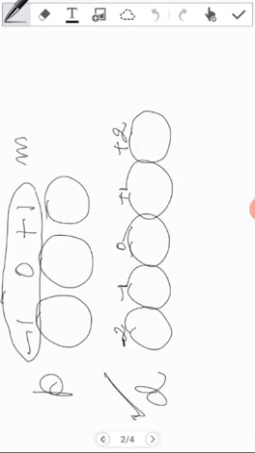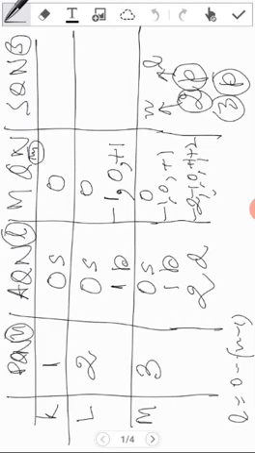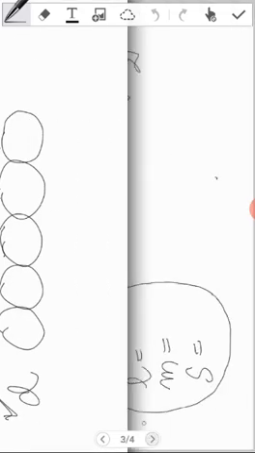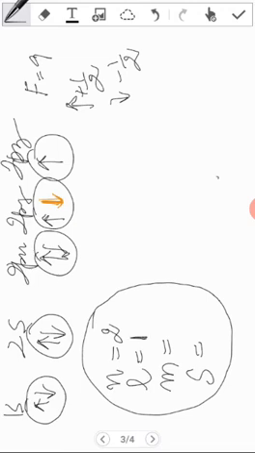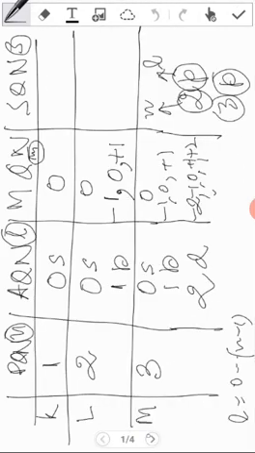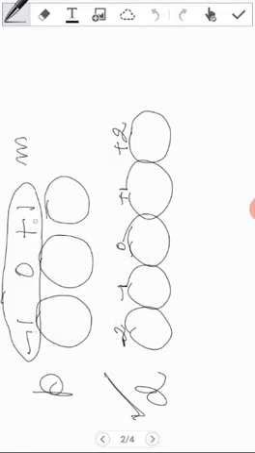For p, what is the value of L? 1, whether it is the second or third shell. So L is 1. For m, we have studied already: the values are minus 1, 0 and plus 1.